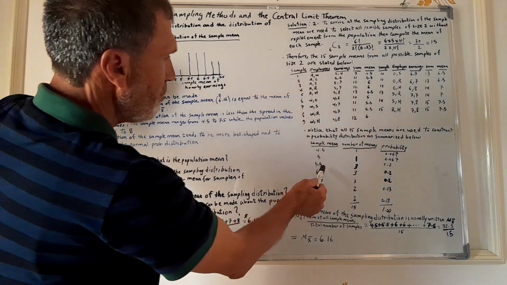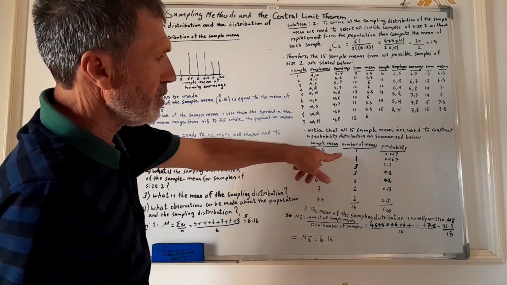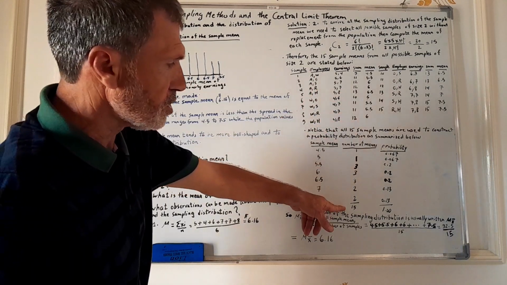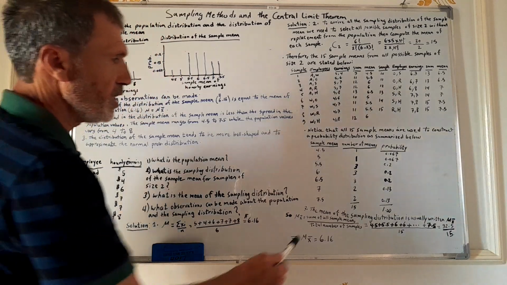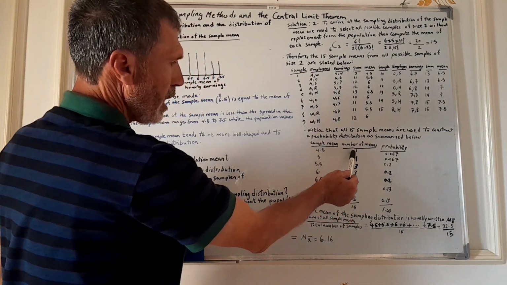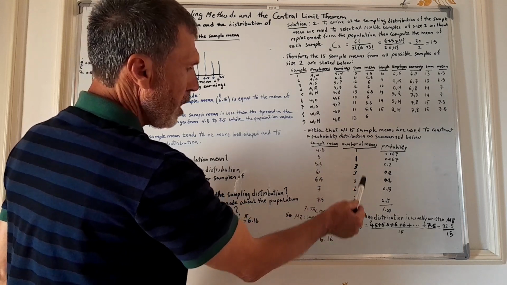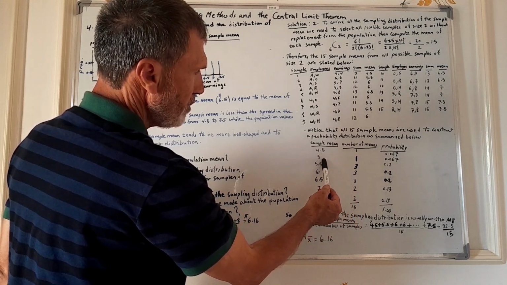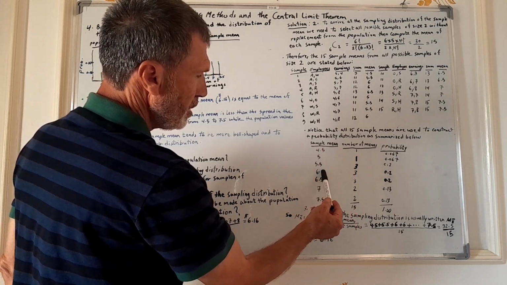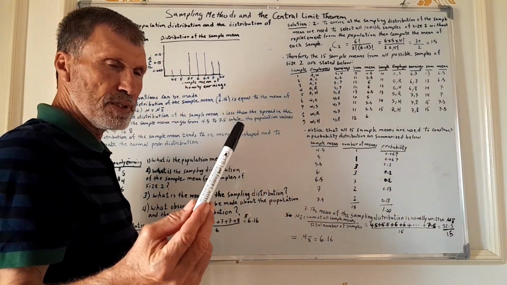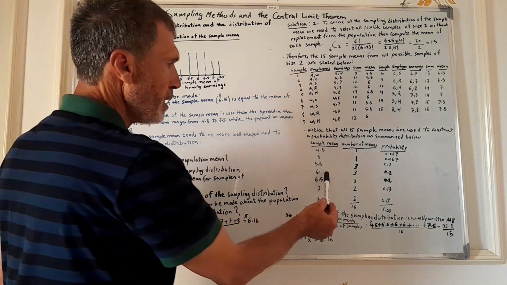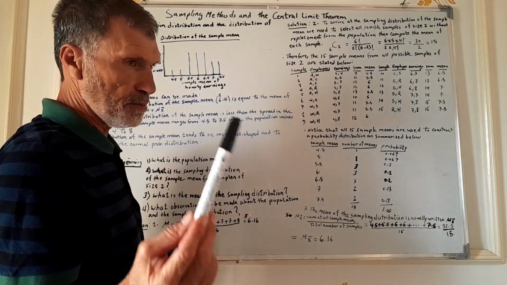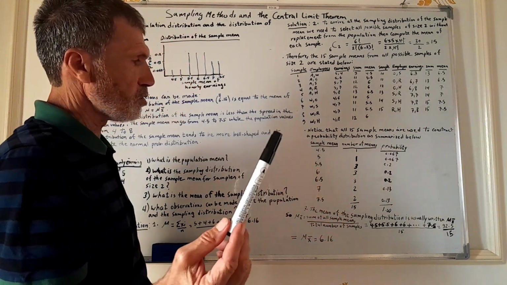Now, how about 5.5? We get 3 means with 5.5. So 3 out of 15. We have 3 samples that have 5.5 as mean, 3 samples that have 6 as mean, and 3 samples that have 6.5 as mean.